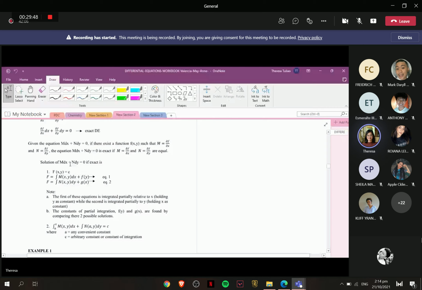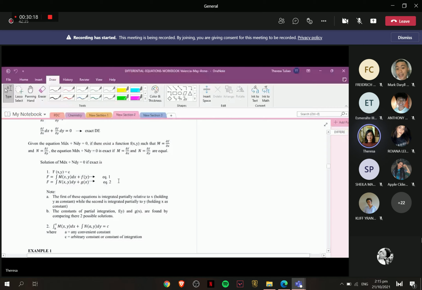Note here, the first of these equations is integrated partially relative to x, holding y as constant, while the second is integrated partially to y, holding x as constant. So here in equation 1, our y is constant. Yan yung hint natin. And here in equation 2, our x is constant.